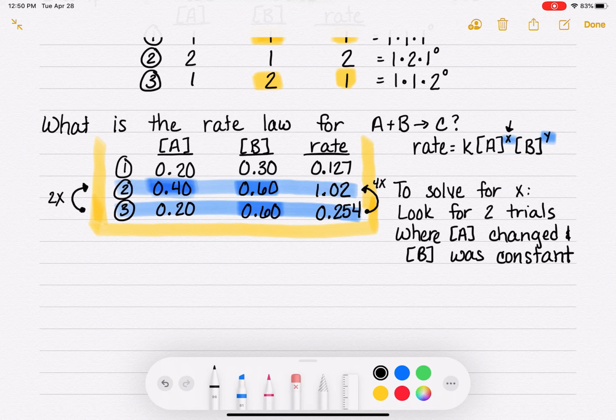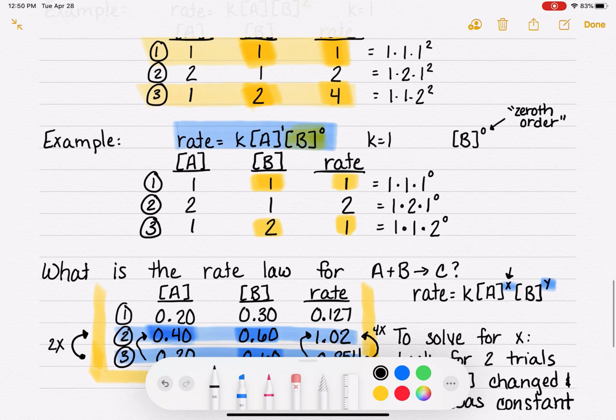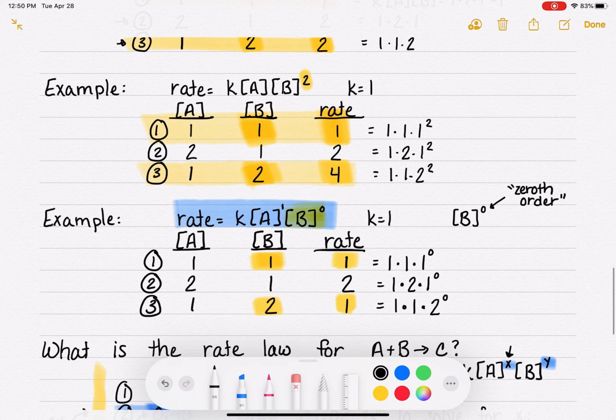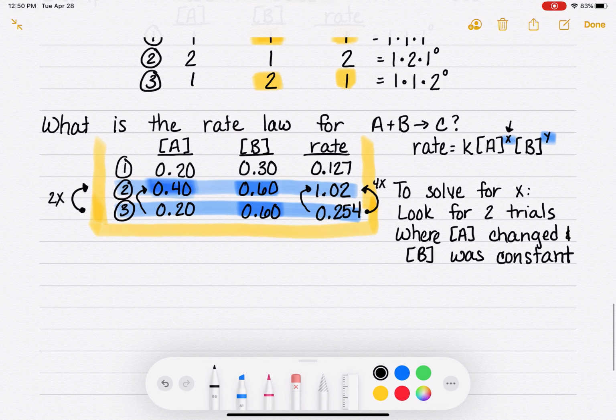So when we went from 3 to 2, A was doubled and the rate was quadrupled. Where did we see that? Right here. In this one right here, when we quadrupled the rate, it was because we had this square term in the exponent. So that tells us that the reaction is second order with respect to A.